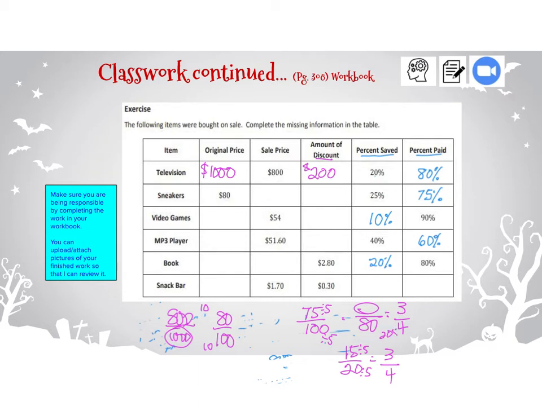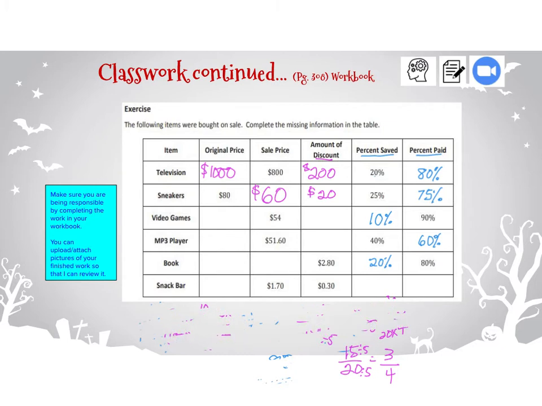I'm going to say times 20. So I do a times 20 there, and I get 60. So the sale price is 60. So what is my savings here? It was $20.